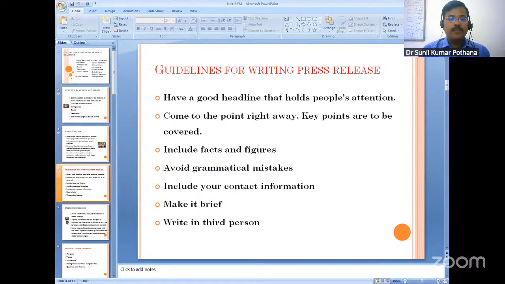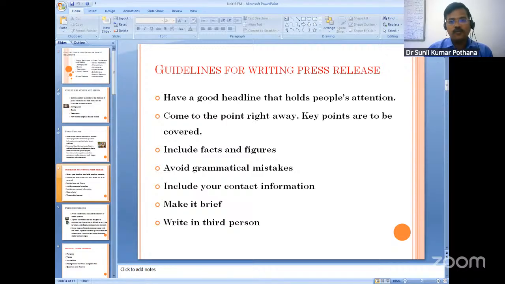Another major point is to avoid grammatical mistakes. In general, we can do it. Nowadays, we have any number of applications available. We may use them, we may subscribe to them, and they make it easy for us to write a press release. No problem.